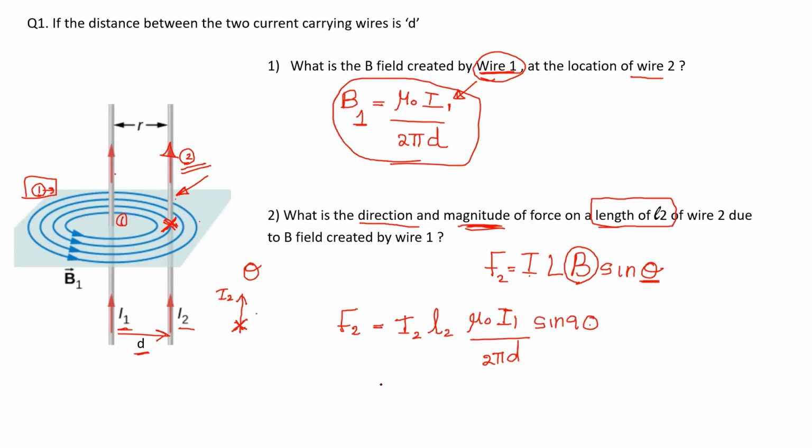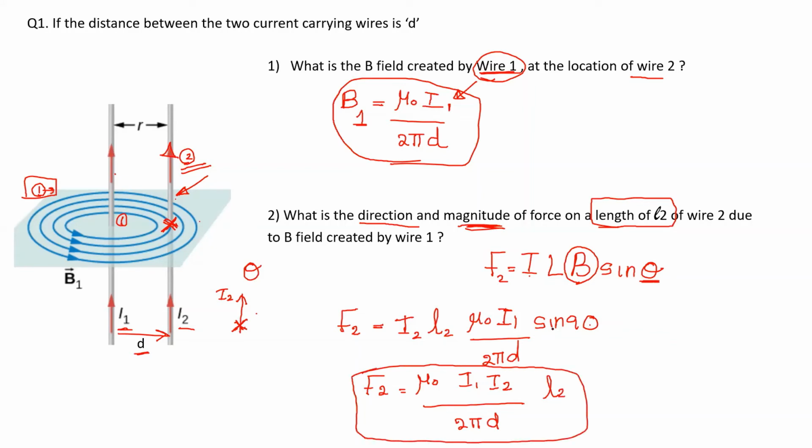So when we simplify this, if I write it nicely, we get mu naught I1 I2 divided by 2 pi d times L2.